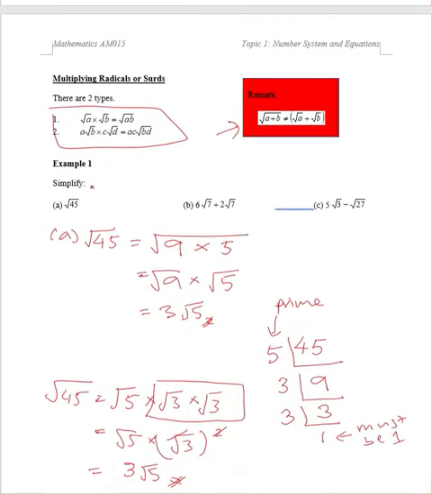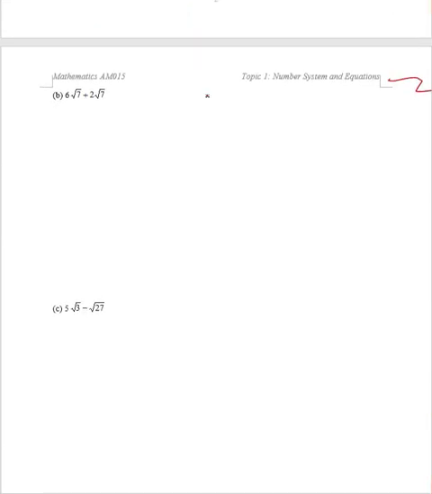So for this question, check whether the numbers inside the surds are the same. Only then you can add them up. So since both of these surds are surd 7, then we can add up 6 plus 2. So it's like factorizing surd 7, and then you add the numbers in front. This is going to be 8 surd 7.